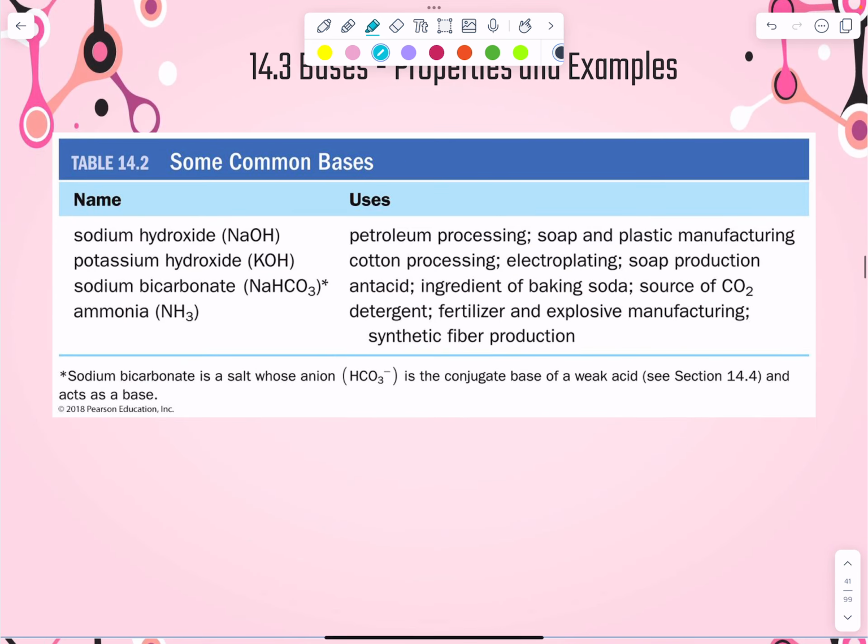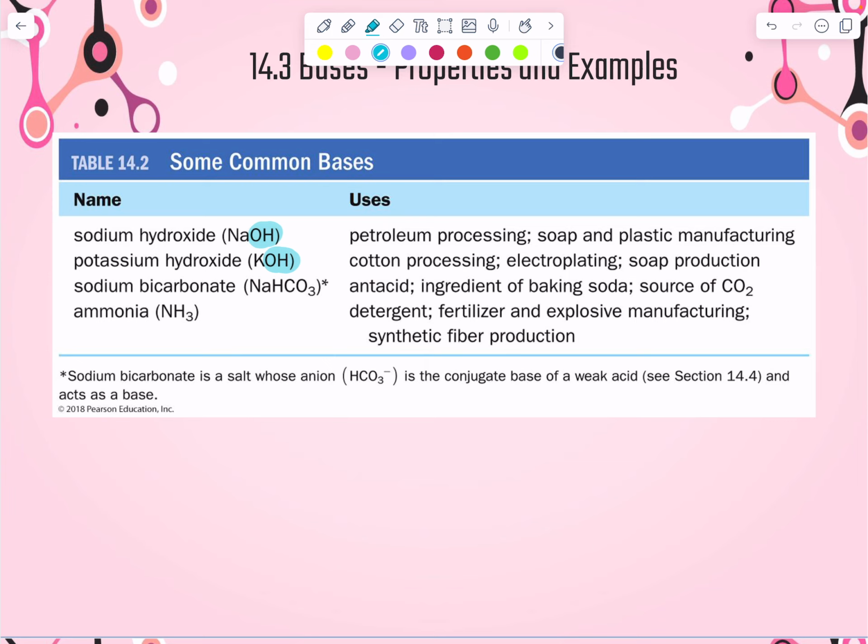And then some common bases, you can notice even without us having a conversation about what actually makes up bases, that some of these end in the polyatomic ion hydroxide: sodium hydroxide, potassium hydroxide. You can see that they're used in soap production.